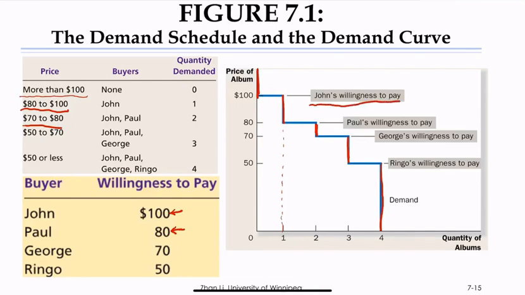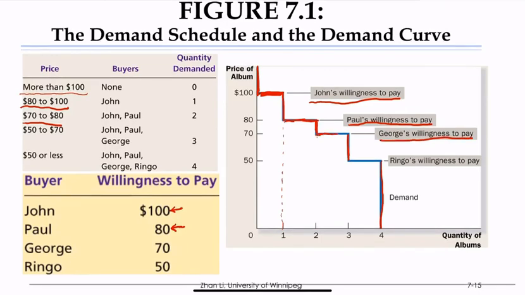Say you're looking at John's willingness to pay, and you can see that John's willingness to pay is just this $100 number, right? And if you look at Paul's willingness to pay, then it's this $80 number. And George's willingness to pay, you have this $70 number. And Ringo's willingness to pay, you have this $50 number.